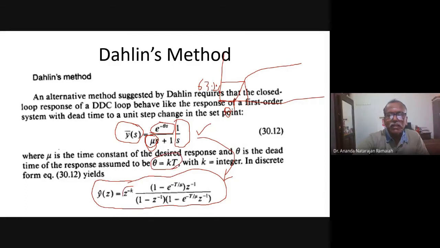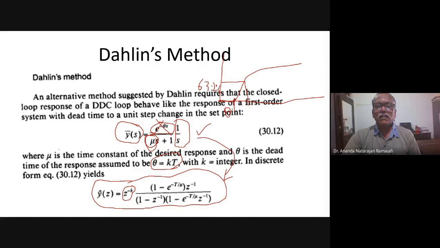That's why you are getting z power minus k. This part is over. The remaining part is 1 by s multiplied by mu s plus 1. So what you will get from the table, you can directly get. In the table, you will get 1 minus z power minus 1, 1 minus e power minus a T, where T is the sampling period, z power minus 1.